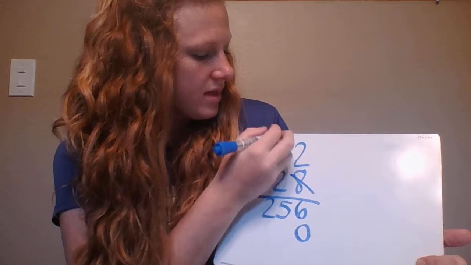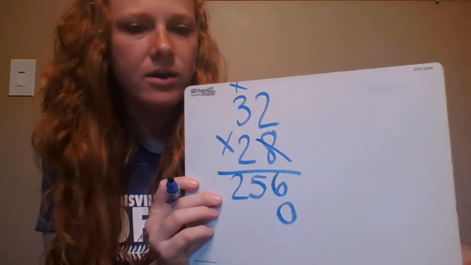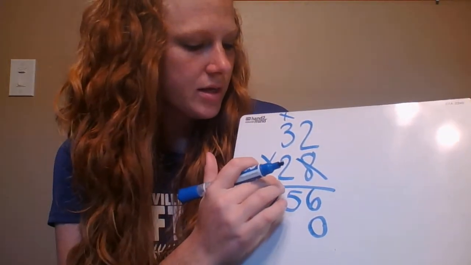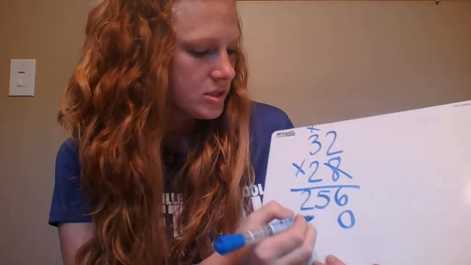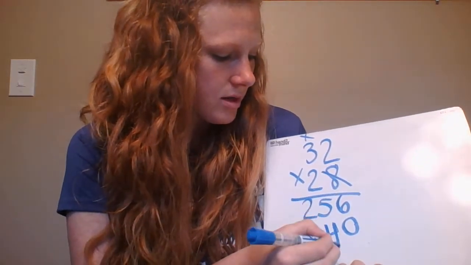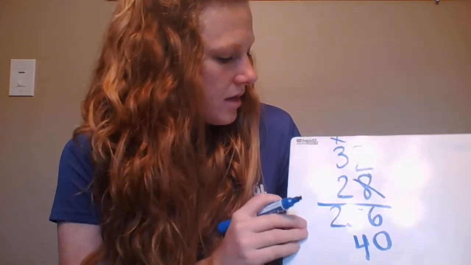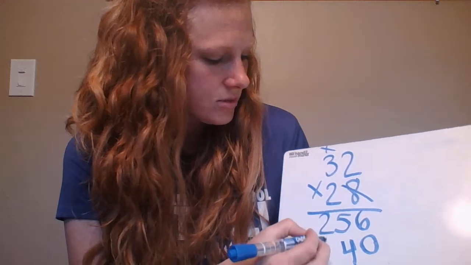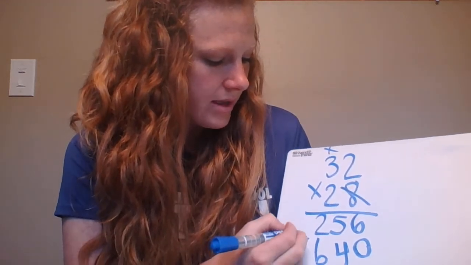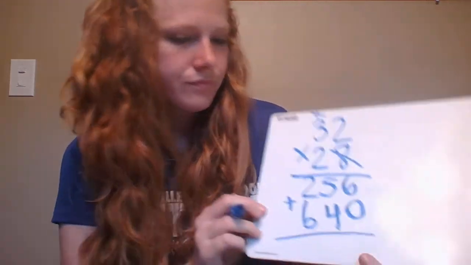So escribe 0 aquí, es muy importante. Next, you can cross off the 8 and you can cross out that 1 that we carried because we are done with those 2. Next, you can do 2 times 2, 2 por 2, which is 4, or 4. And you write 4. And then we do 2 times 3, 2 por 3, which is 6, or 6. Now we have to add them all up.